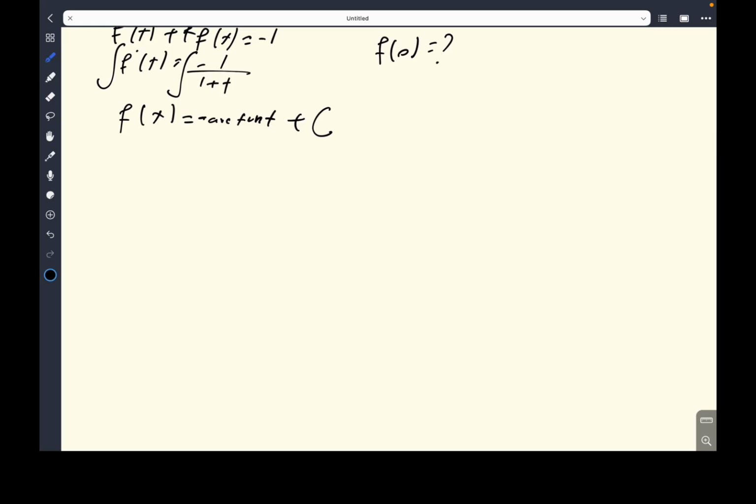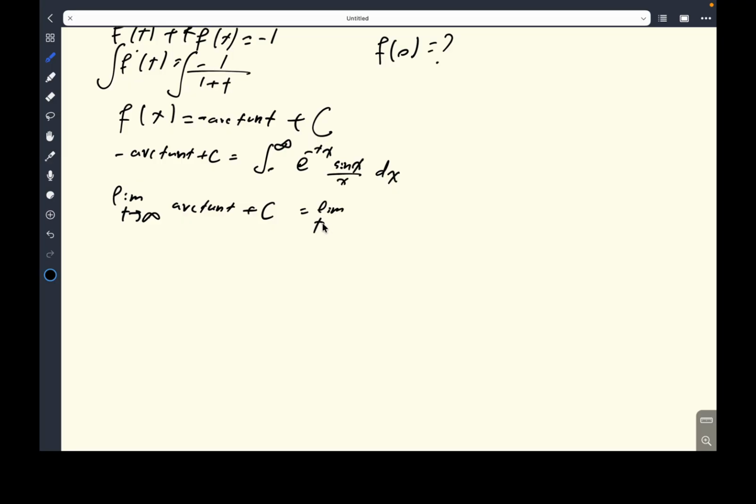So what I'm gonna do is equate negative arctan of t plus c to the original integral of mine, f of t, which was the integral of e to the negative tx sine x over x dx, and I'm gonna take a limit of both sides as t approaches infinity.